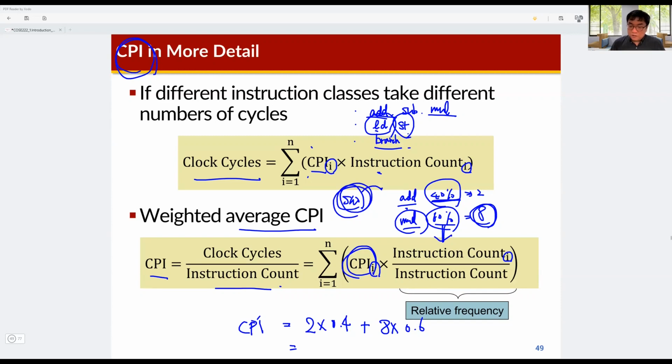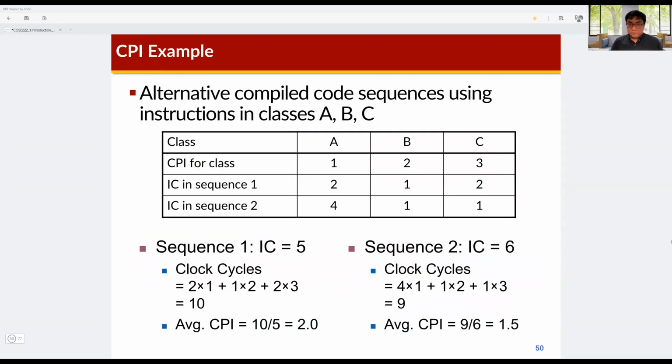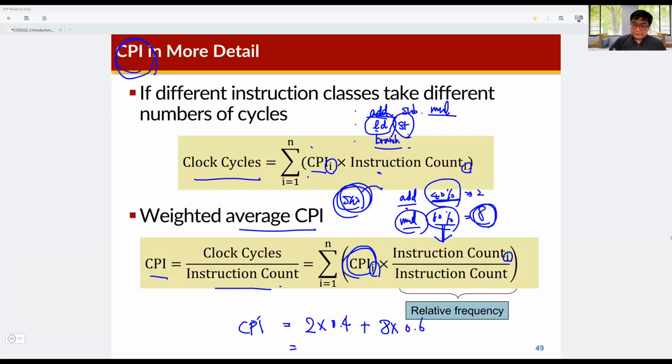For some software, add is 40%, but different software may have 60% of the add instruction. It depends on the software. So for different software, we can calculate the CPI like this.